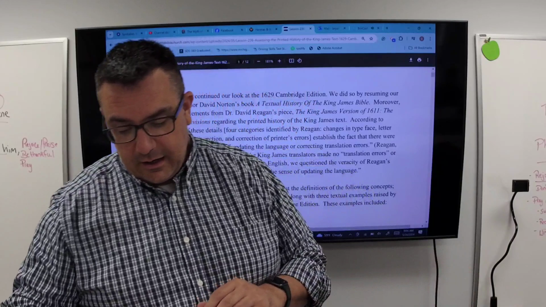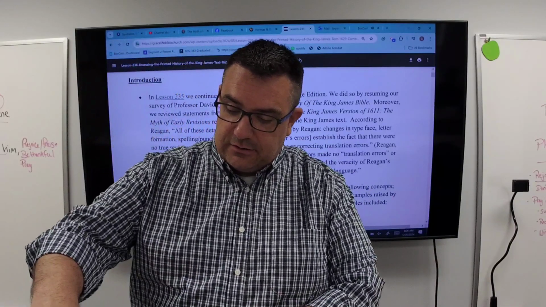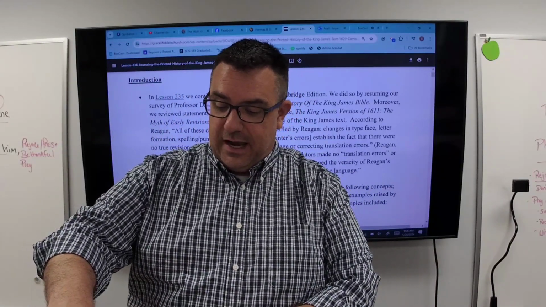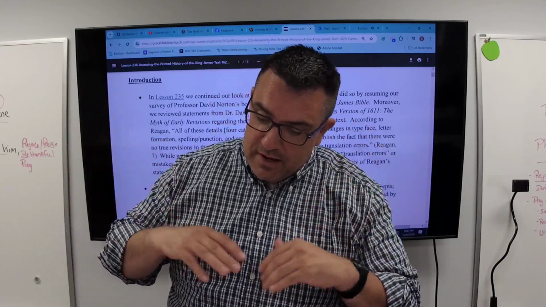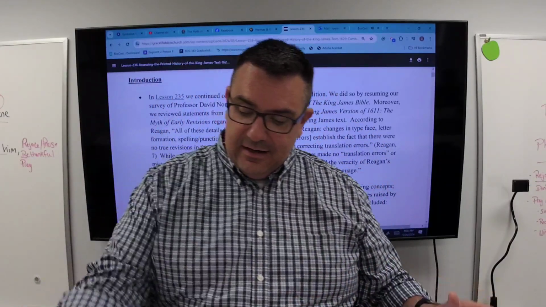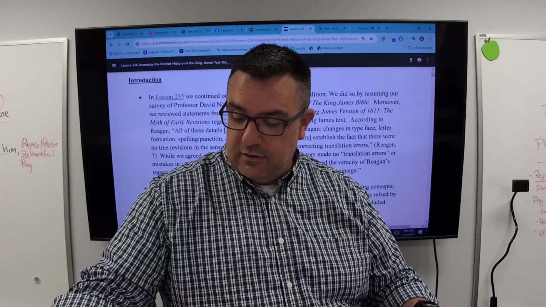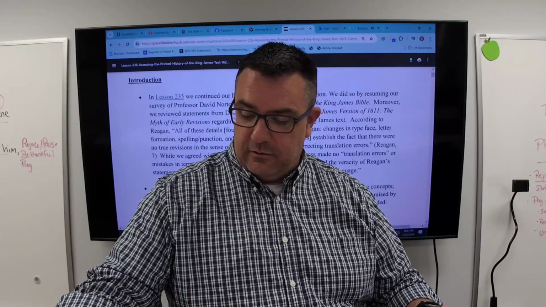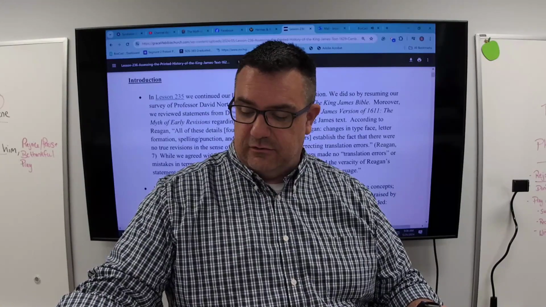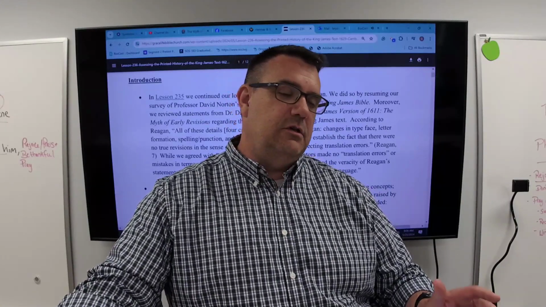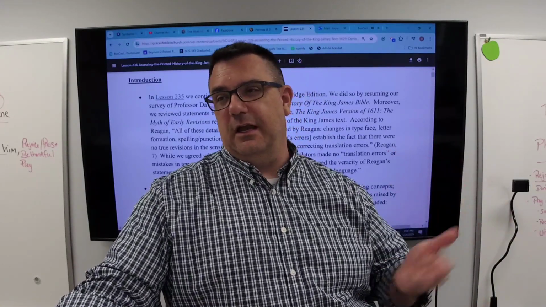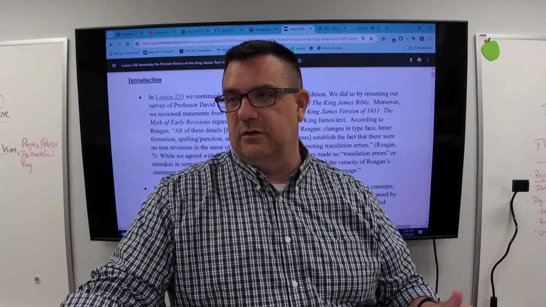While we agreed with Reagan that the King James translators made no translation errors or mistakes in terms of misrepresenting the text in English, we question the veracity of Reagan's statement that there were no true revisions in the sense of the updating of language. So let me just be clear. You can translate any passage half a dozen ways and still be correct.